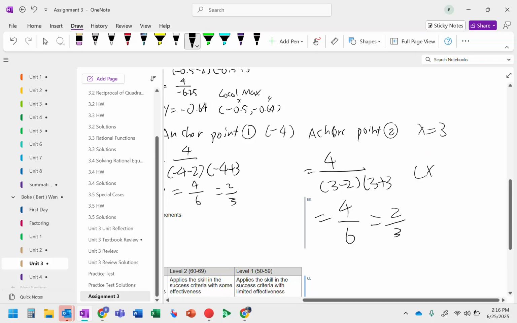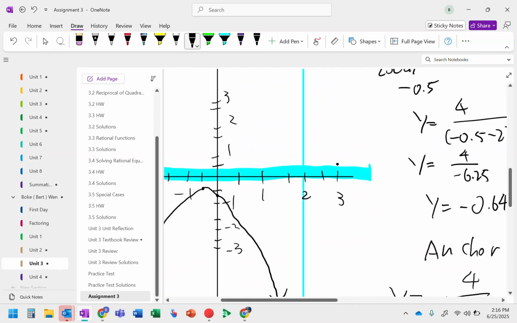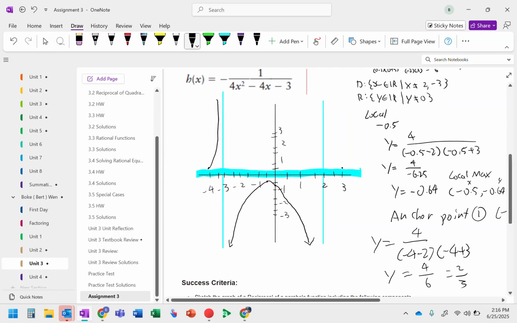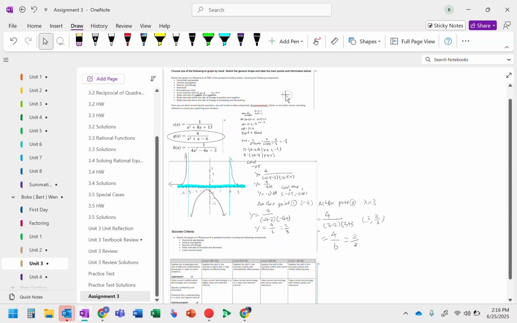So our anchor point 2 would be 2 over 3. And now we can simply finish our graph. Should look something like this.